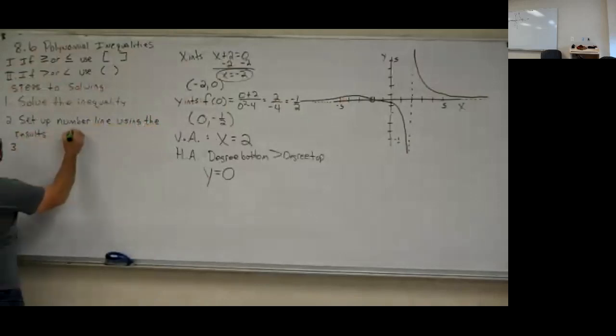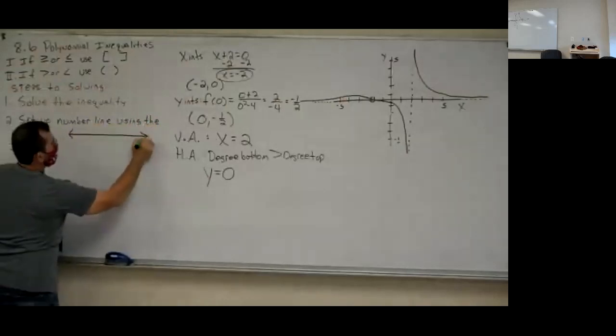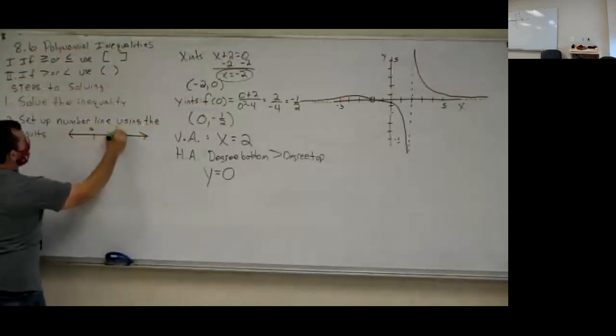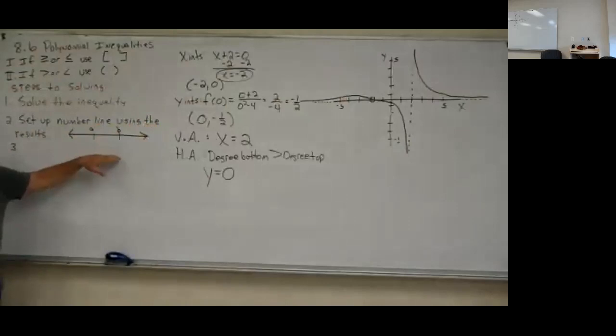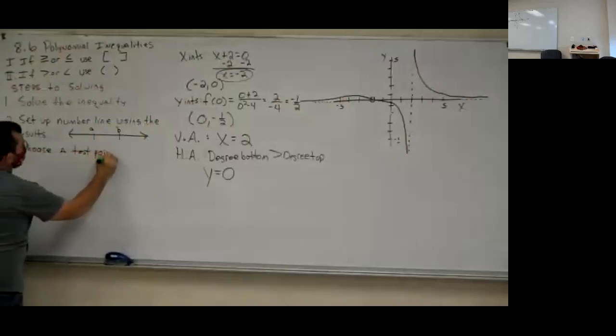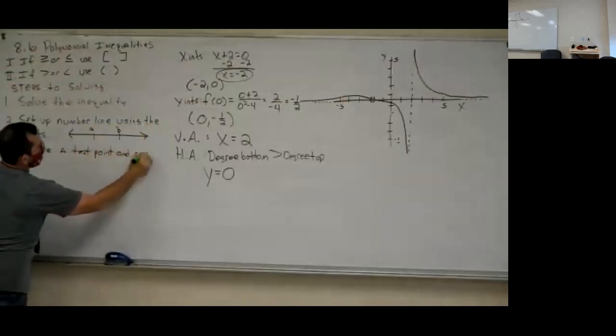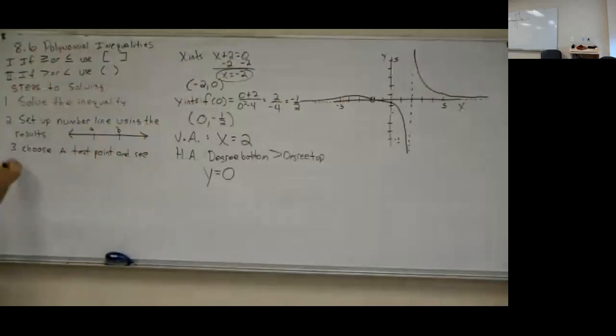When I set up the number line, I'll usually have 2 solutions, so I'm going to set up my number line using the 2 solutions I get from that equation. Then I choose a test point and see if it's true or false. If it's true, you shade that region.